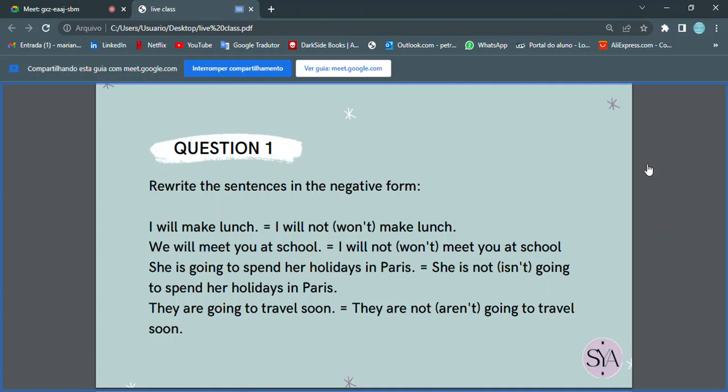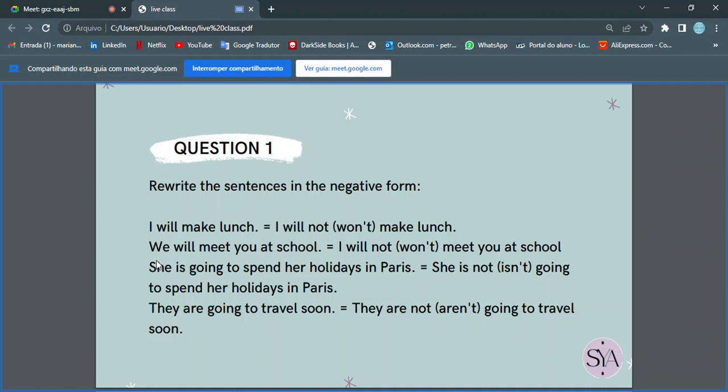So if you analyze the sentences, you can see that in the sentence with will, we don't have the verb to be, right? We just have the subject and the will.